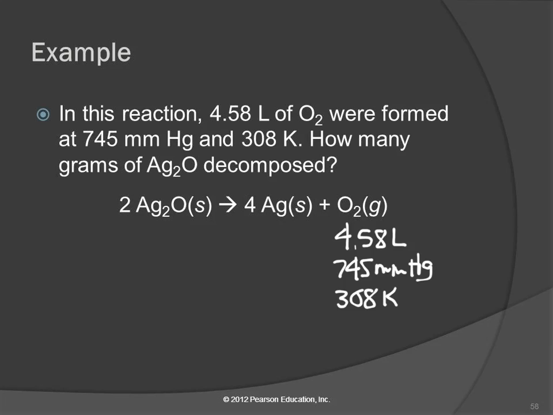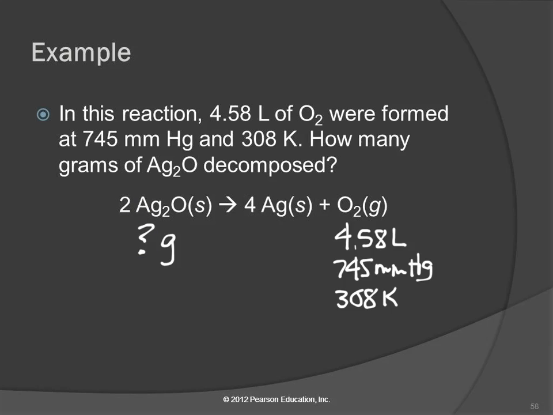And then here's the question. How many grams of Ag2O? So, question mark, grams. Use the equation to organize your information. All the stuff pertaining to the oxygen goes right under the formula for oxygen. The question, how many grams of this?